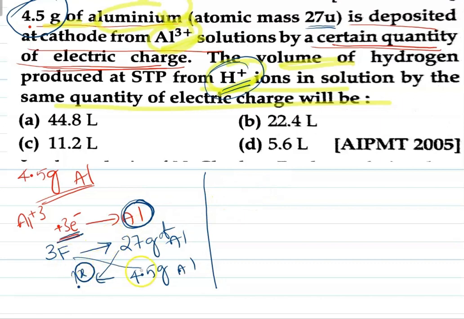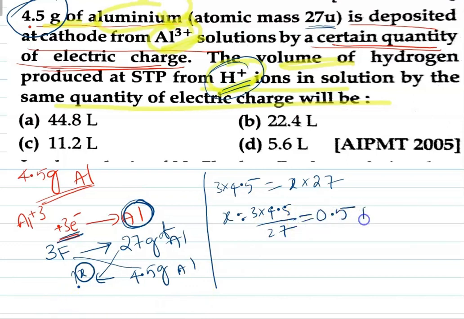Cross multiply: 3 into 4.5 is equal to x into 27. So x is 3 into 4.5 by 27, and you will get the answer as 0.5 Faradays. Right, we are calculating Faradays. So we got 0.5 Faradays. This charge we will take up as case number 2.